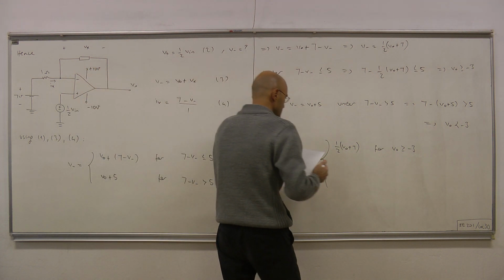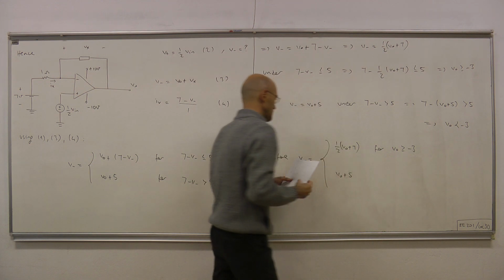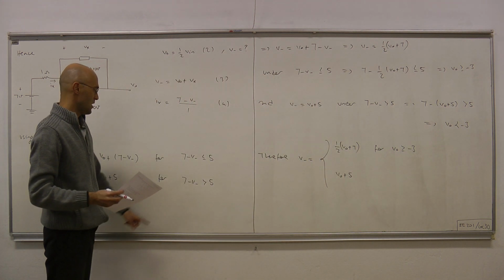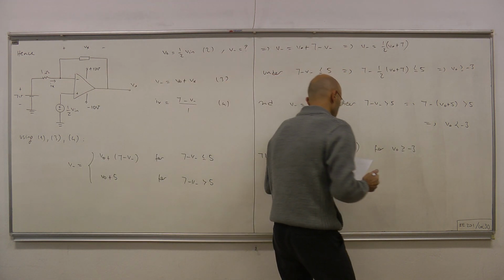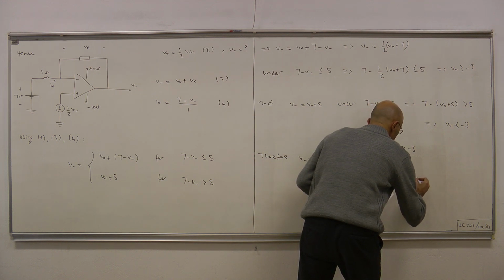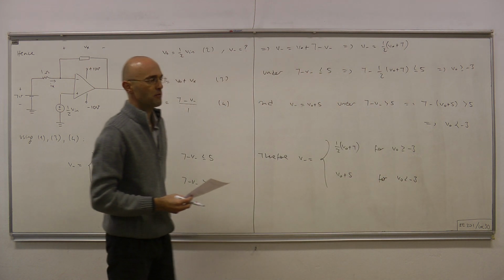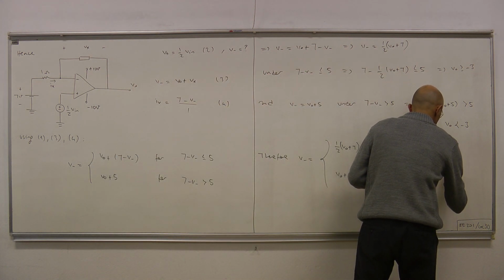Okay. And V out plus 5 is what V minus is under the condition V out less than minus 3, for V out less than minus 3. And let's call this equation 5.